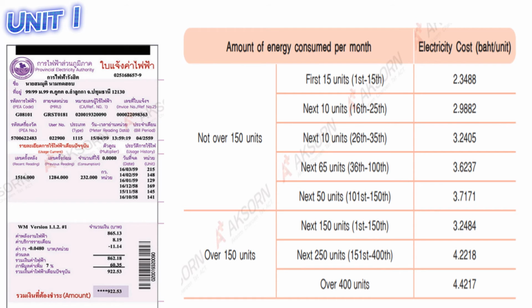If you look at it here, this is your previous reading, your recent reading, meaning the reading today, then the last month's reading, and then your consumption. To get your consumption, you simply subtract recent minus previous. So the recent here is 1516 minus your previous, which is 1284, and then you will get a value of 232.